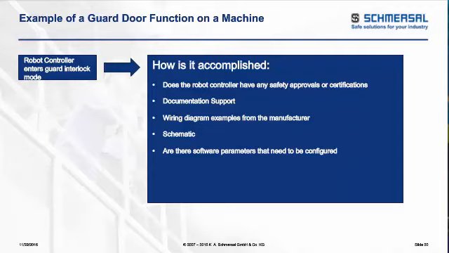It might be taking the power down on the robot. It may be the robot controller has separate power feeds for the motor drives and the input cards. It's not as clean or simple to properly integrate it, and because it's not simple, too many times what you see is an inhibit signal or an enabling input that gets interrupted to the robot controller, that when everything's working, it does what it's supposed to do.